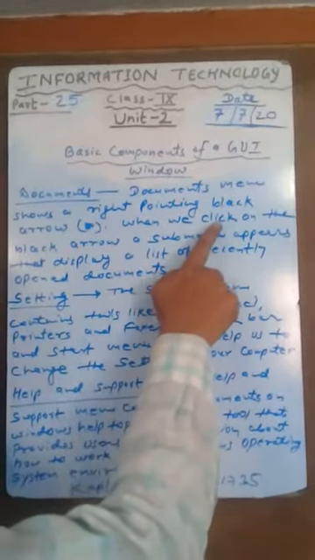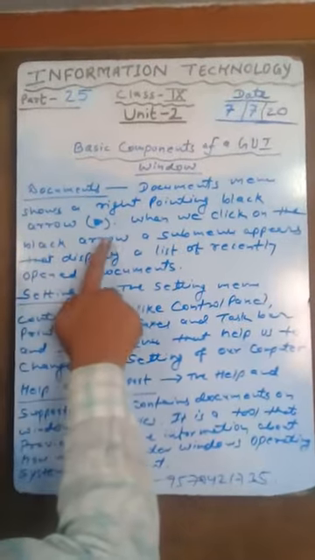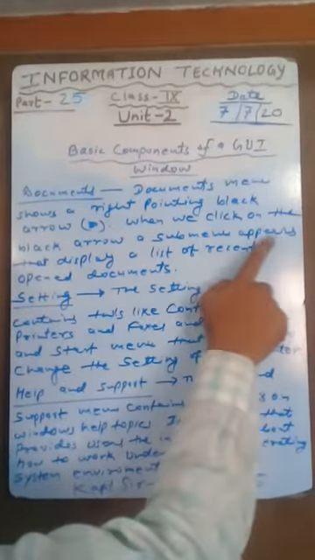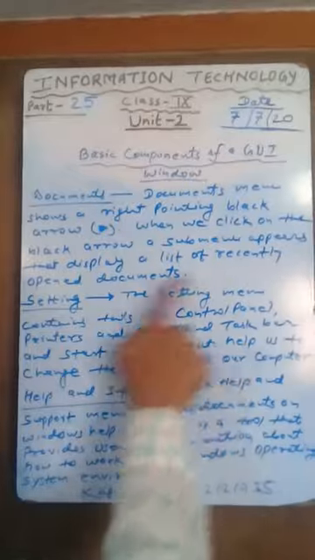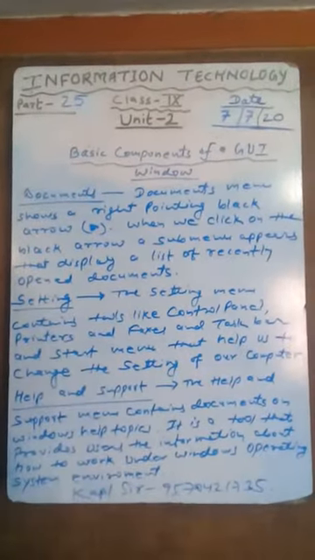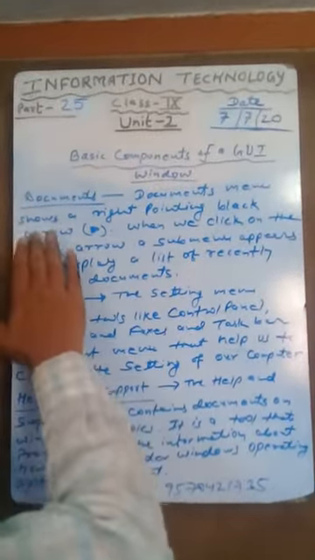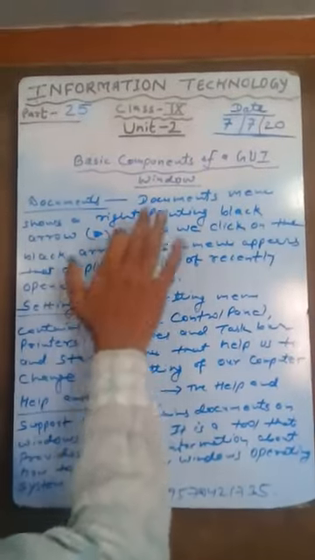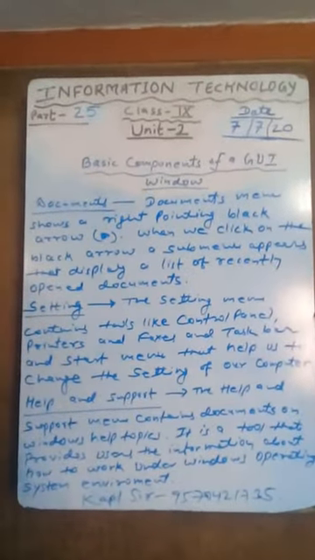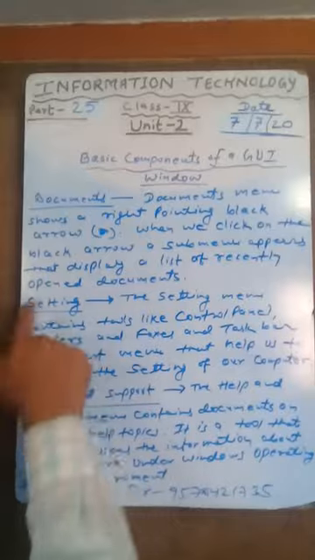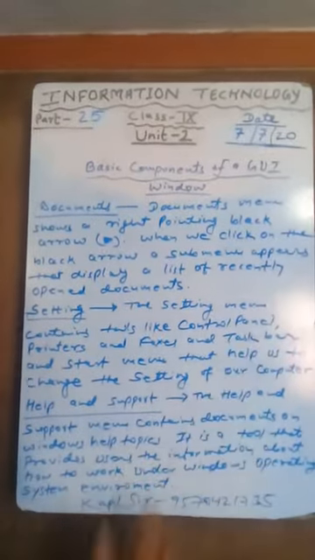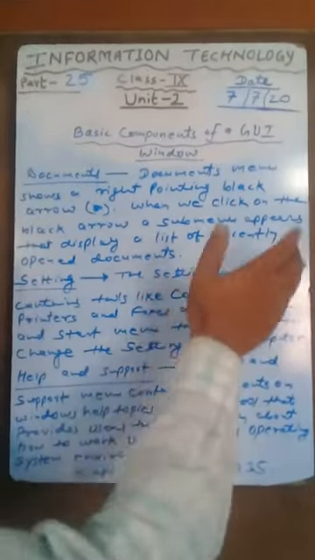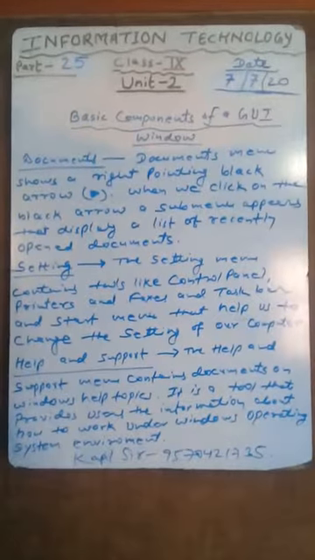When we click on the block arrow, a submenu appears that displays a list of recently opened documents.